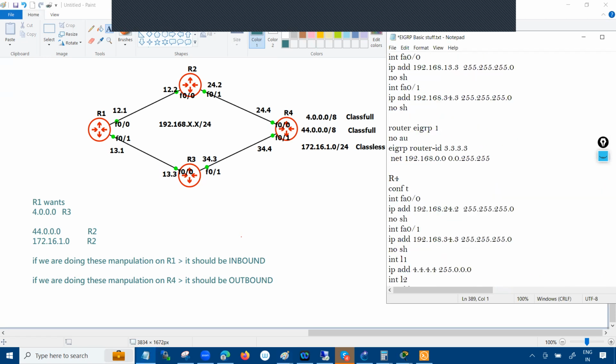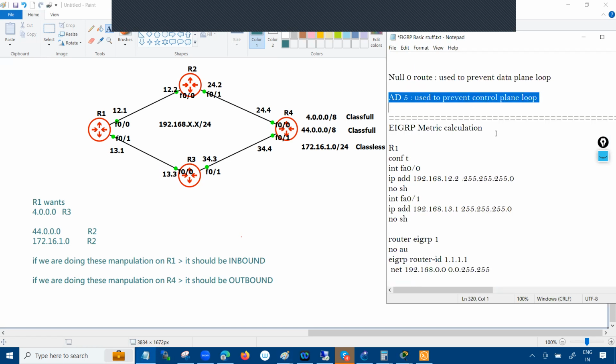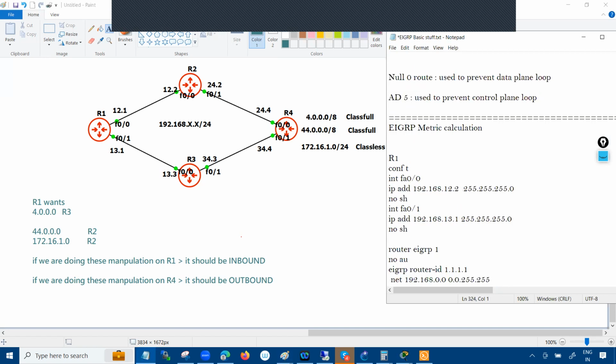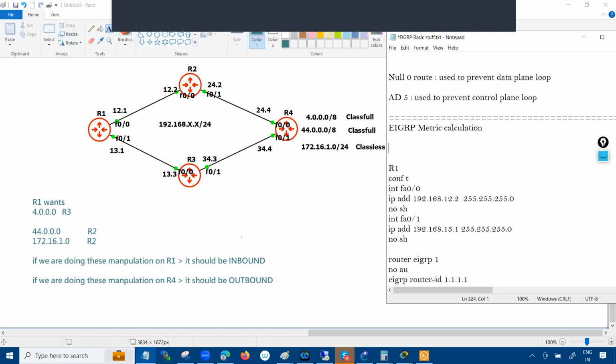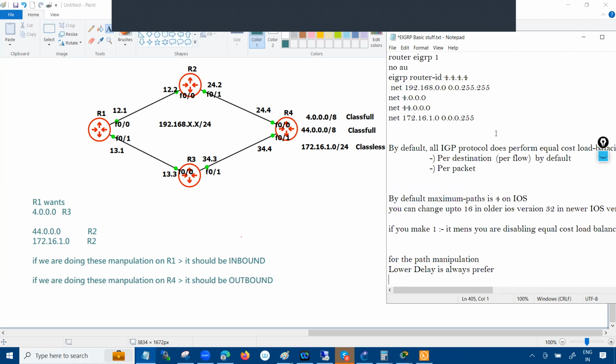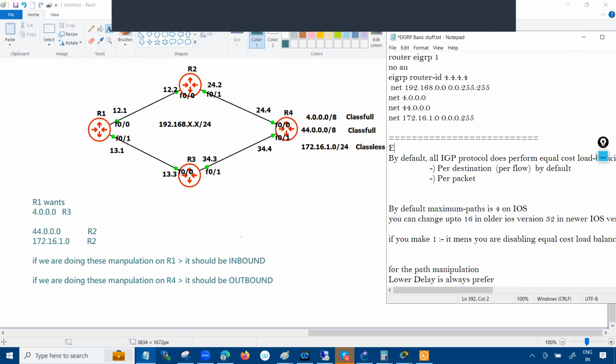I'll put the formula over there, I forgot to put it. 10 to the power 7 divided by the least bandwidth, lower bandwidth, simple language, plus total delay divided by 10, into 256. This is called as the composite metric.